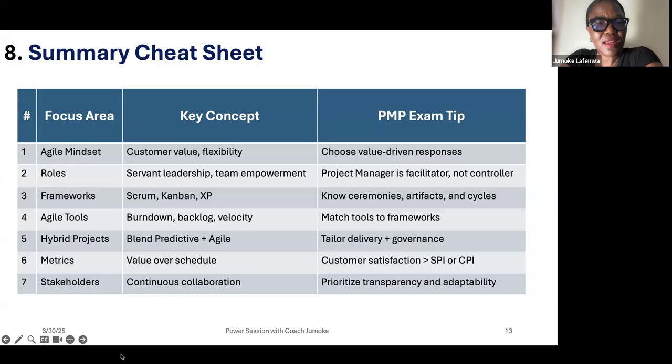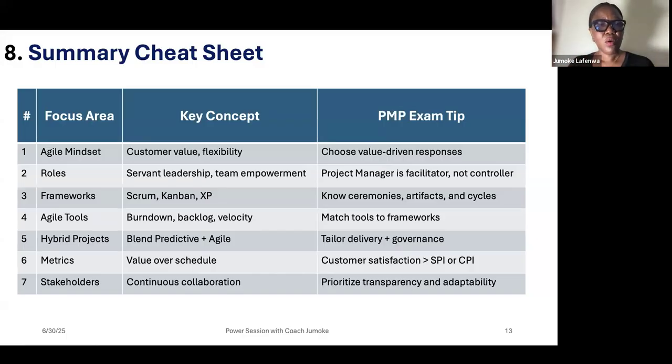And then the PMP exam tip is that you choose value-driven responses. Whatever response in the question you believe will give value to your customer, because for Agile, the customer is the king. The customer drives it. So you will choose value-delivering responses.